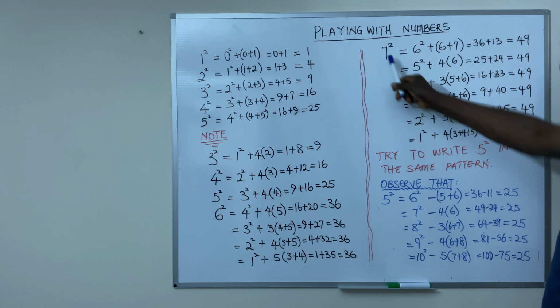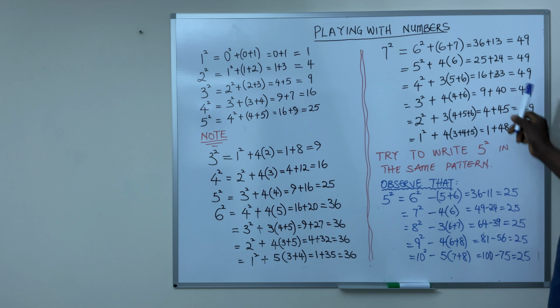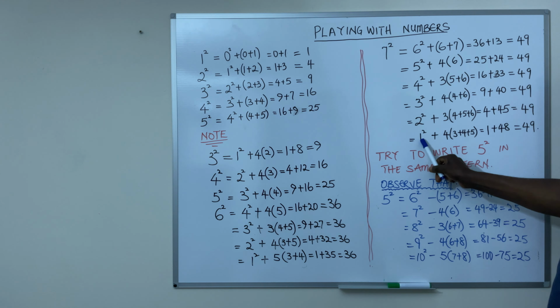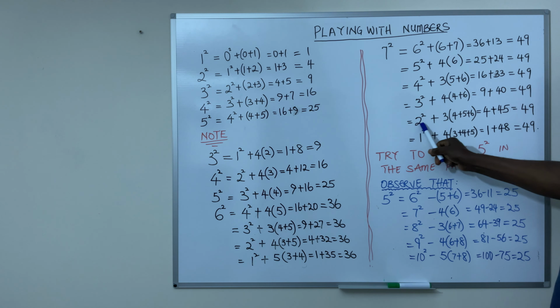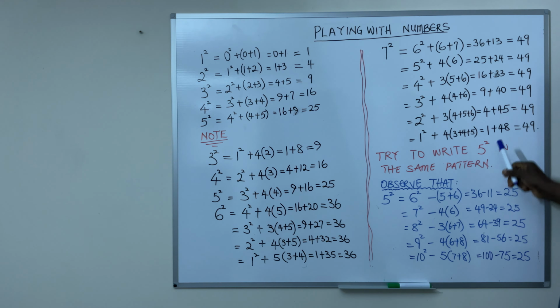Because the difference between 7 and 1 is 6. 6 is omitted there. But because this is an odd number, different from 2, we can now have 3 plus 4 plus 5. And that is giving us 12 times 4, 48 plus 1, 49.